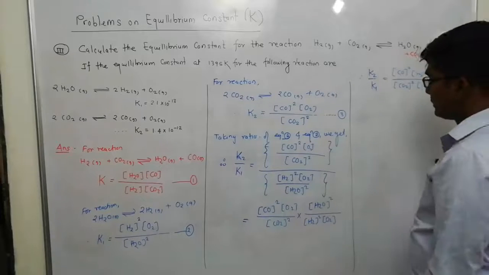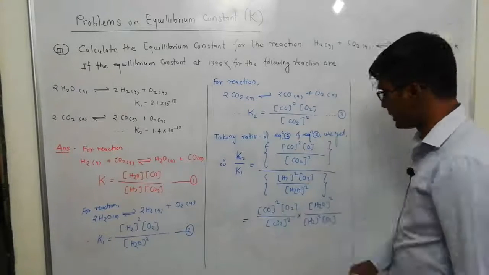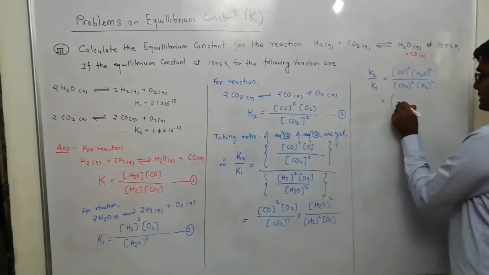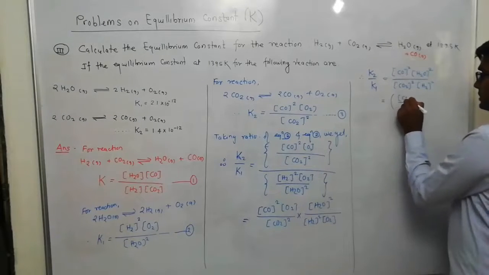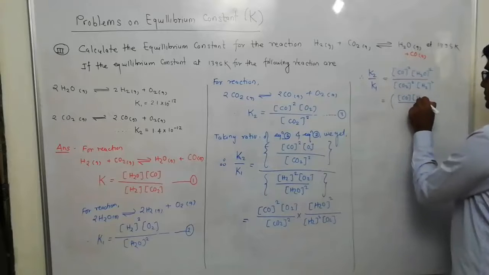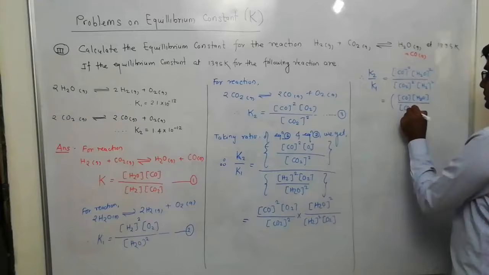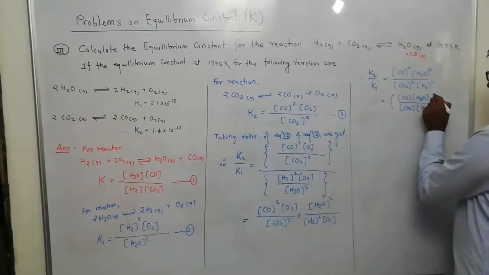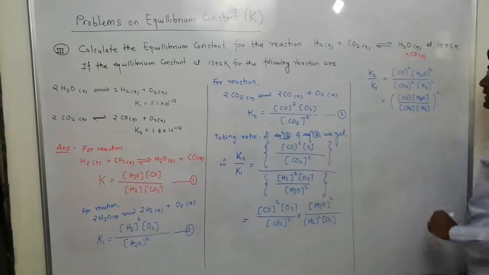By simplifying this we get this, and again I can write this as concentration of CO, concentration of H2O divided by concentration of CO2 into concentration of H2, and the whole bracket raised to 2.